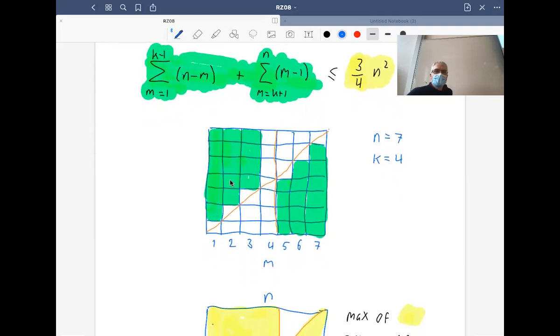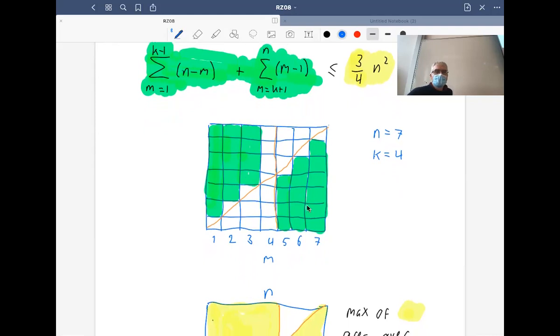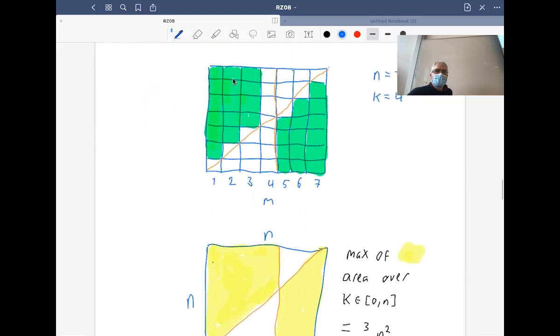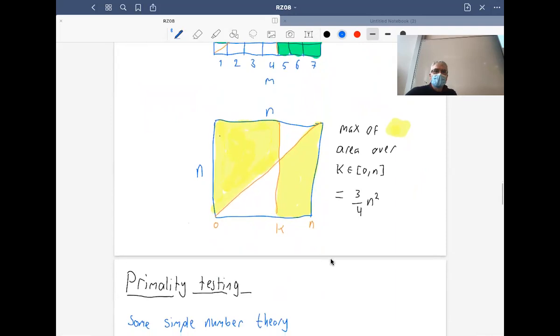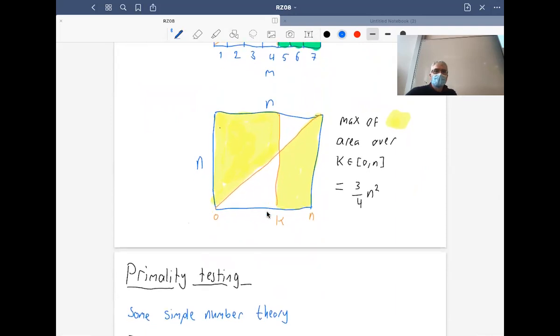And we can see that if we partition the square like this with the orange vertical line and the diagonal line, the green stuff all fits in this area, and the green stuff here all fits in this area. So the sum of these values is less than or equal to the yellow part in this square. We've got a diagonal here, and k is a vertical line that we put somewhere down.